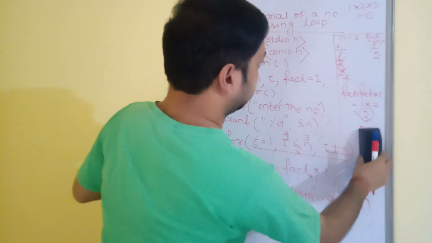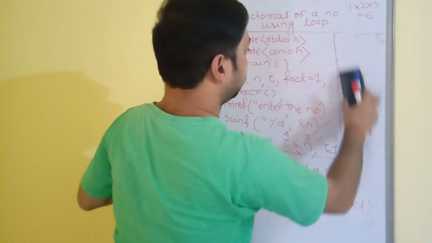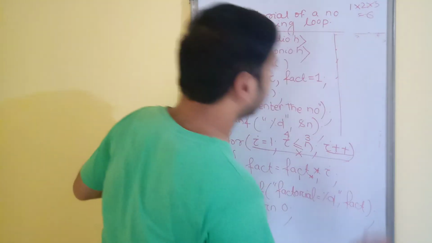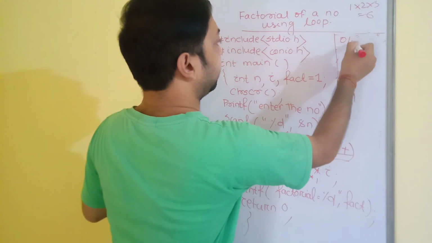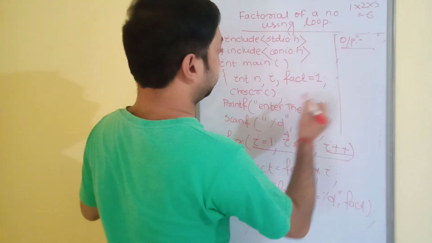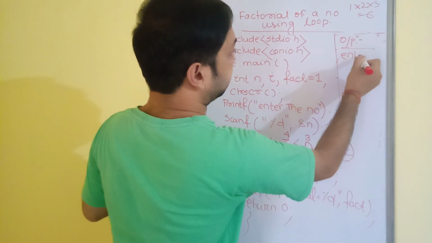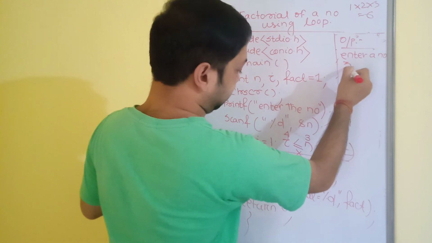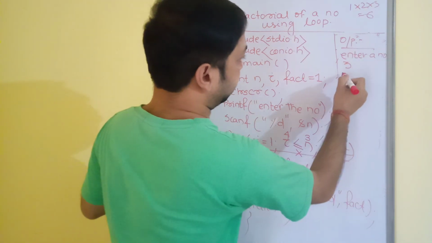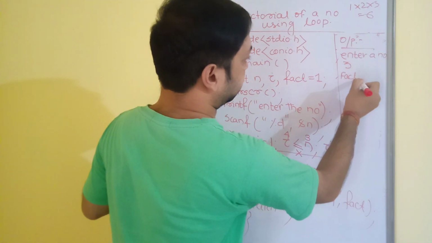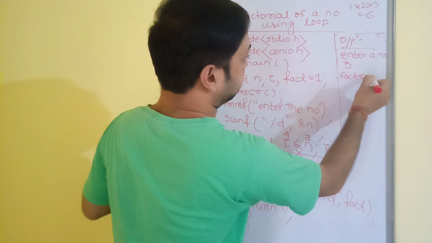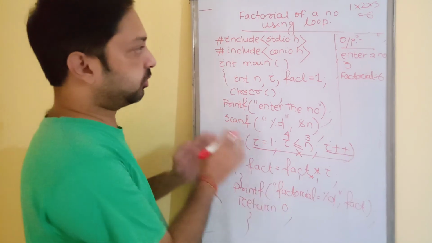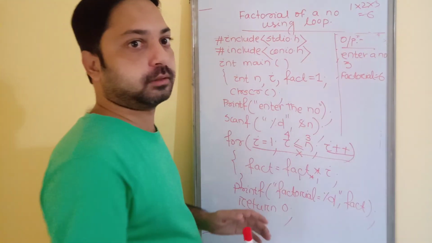If we write the same thing in the output screen, let us see what we get. In the output screen, it asks to enter a number. If we enter 3, what will be the output? Factorial equals 6. So this is a simple program along with the output. Thank you.